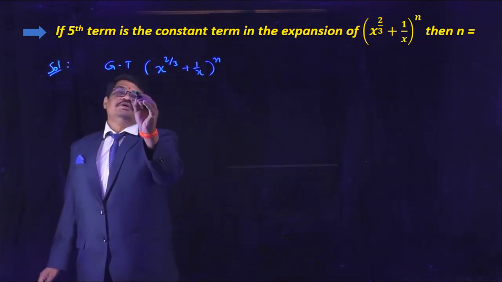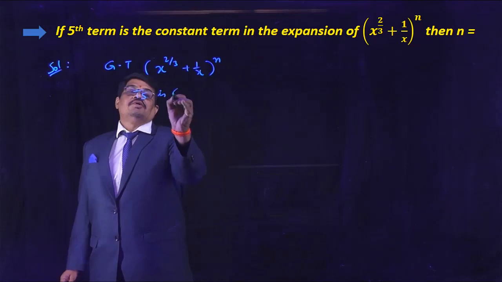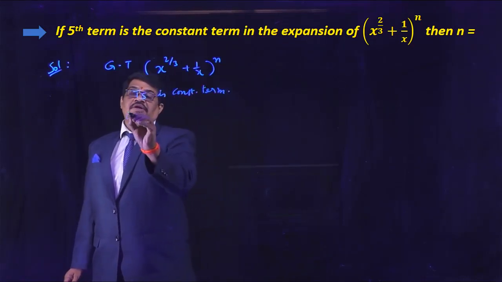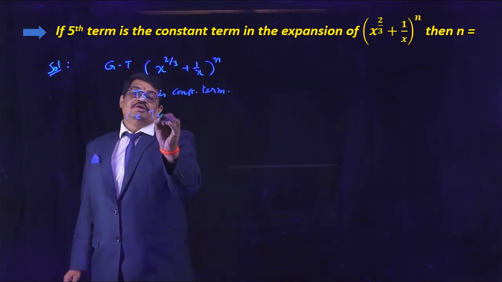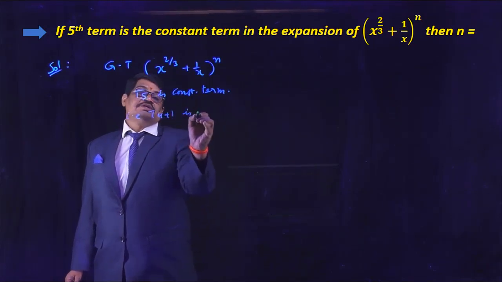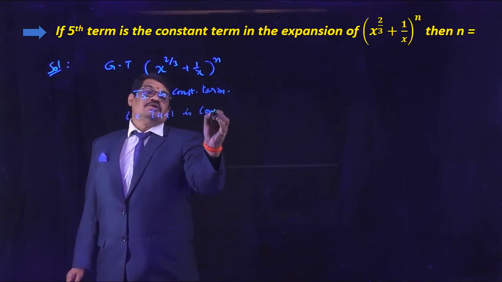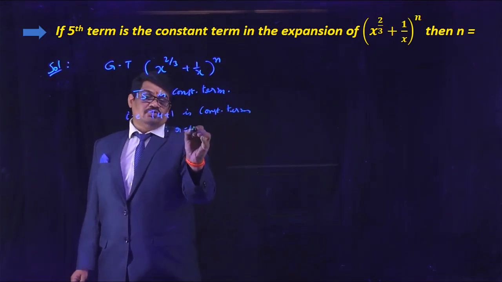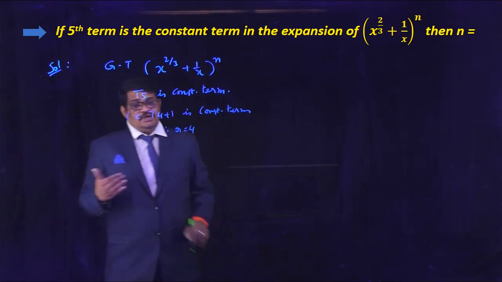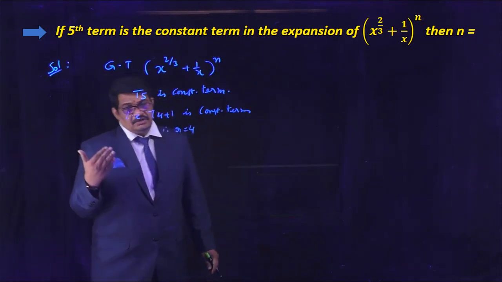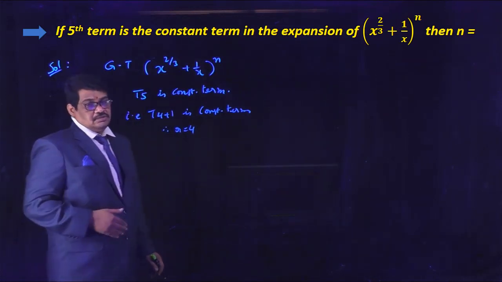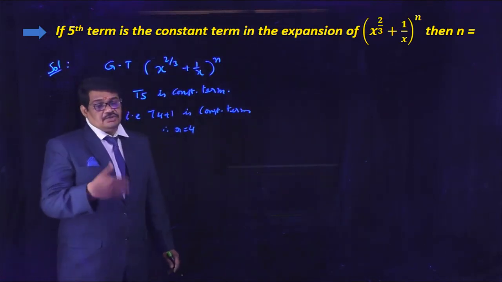T5 is the constant term, that is T(4 plus 1) is the constant term. Therefore, r is equal to 4. The constant term is nothing but the independent term in that expansion. So in that independent term, r is equal to 4.